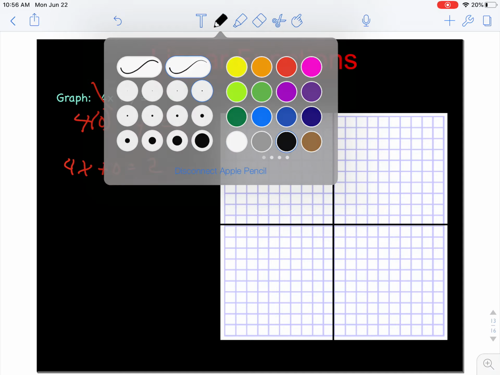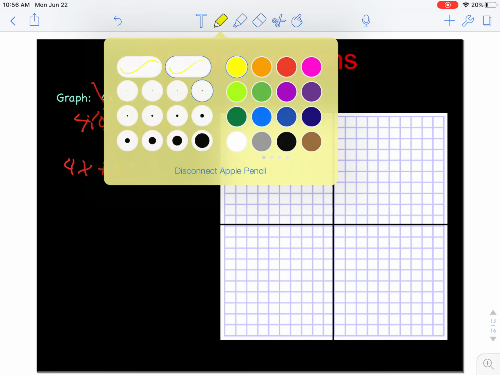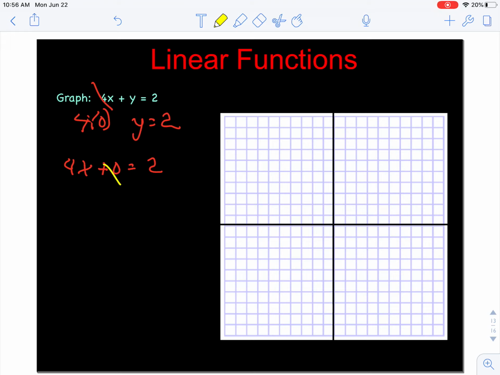So your value for x is 2 over 4, so x equals 1/2.